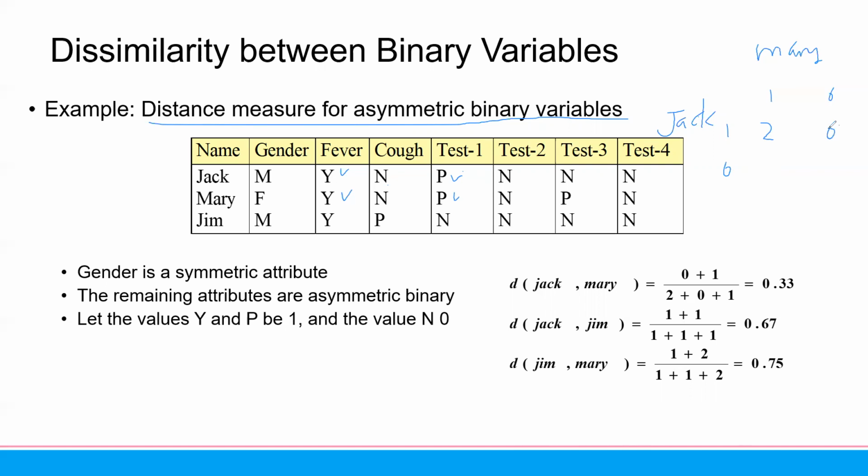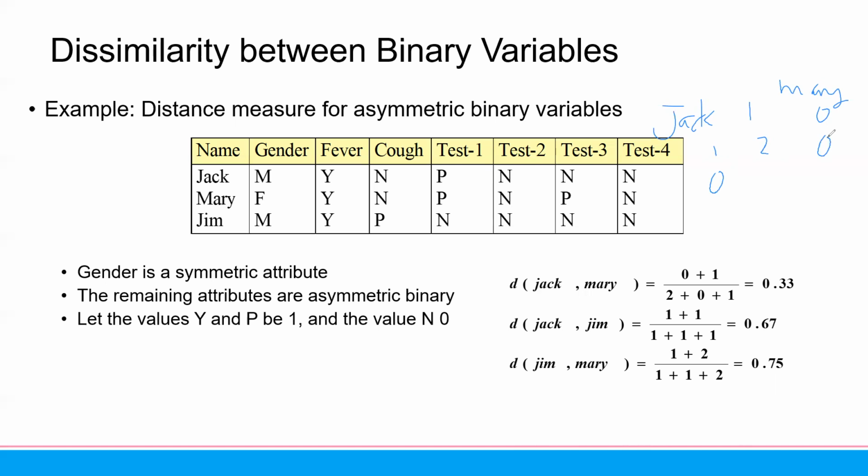Maybe to make it clear, I have 1, 0, and 1, 0. So there are 2 for 1 and 1, and when Jack equals 1 and Mary equals 0, we have 0.